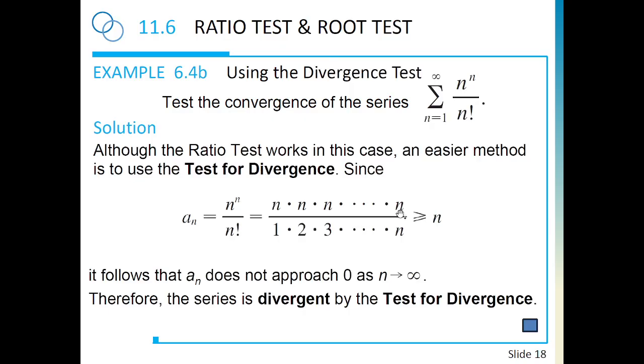Now what happens if we just observe the situation? We write the term a_n, we did this a long time before. So what we observe is that n over 2, n over 3, n over 4, all of these terms are bigger than 1. n over n will be 1, but all the other ones are bigger than 1.